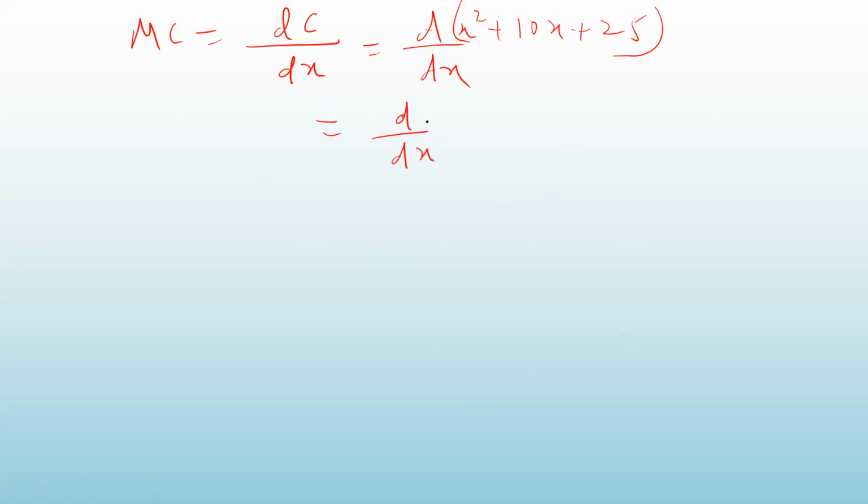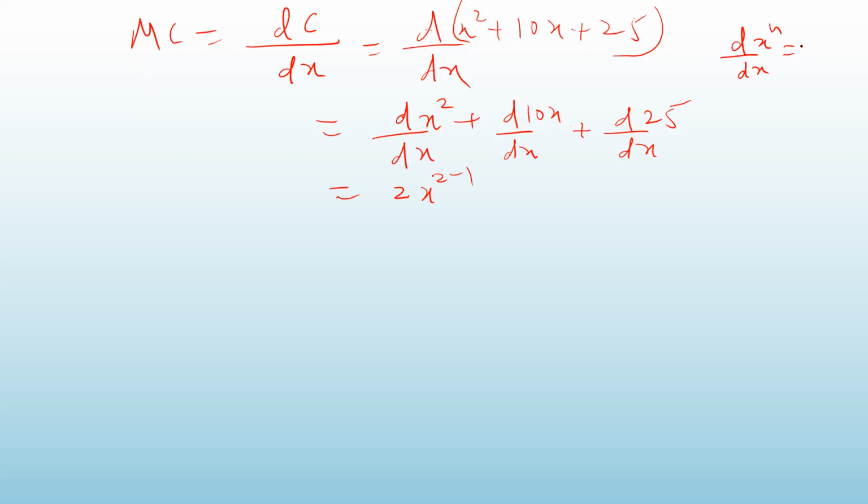First of all, you will take the derivative of x squared plus derivative of 10x and then derivative of 25. So I am applying the addition. Now what is derivative of x square? It is 2x raised to 2 minus 1. Which formula I am applying? Derivative of x to the power n, that is n into x raised to n minus 1. So this is the formula I am using here.